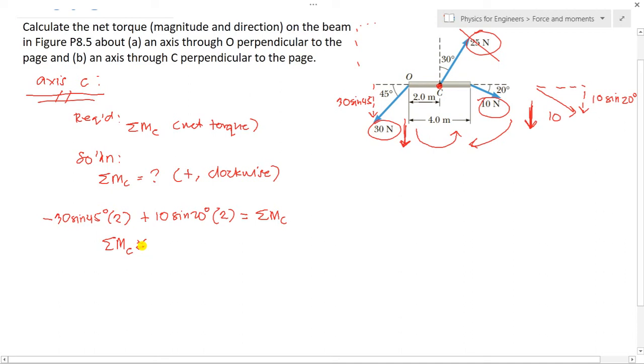The answer is approximately negative 35.59 Newton meter. So again, if it is negative, so therefore you can just rewrite this as 35.59 Newton meter, and then since ang atong convention is positive siya kung clockwise, so therefore if this is negative, so we can say this is counterclockwise.